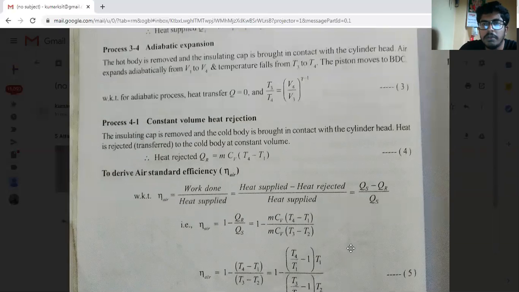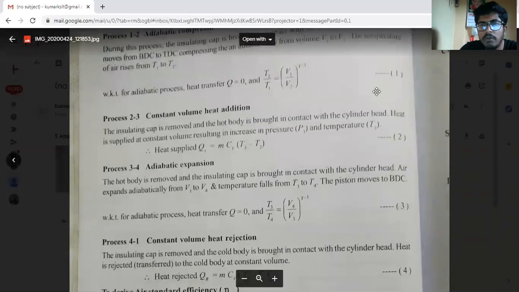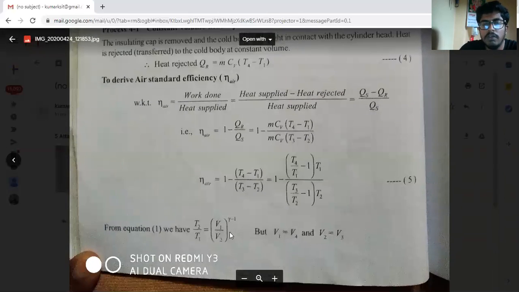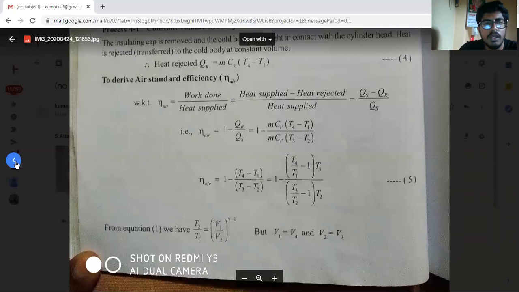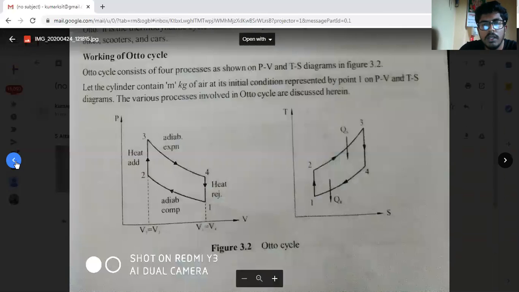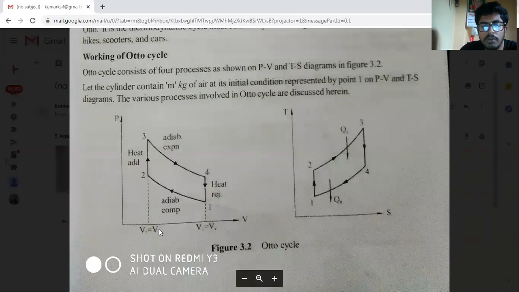From equation 1, T2 by T1 equals (V1 by V2) whole power gamma minus 1. Here the volume is constant during the process 2 to 3, so V2 equals V3, and during the process 4 to 1, V1 equals V4.